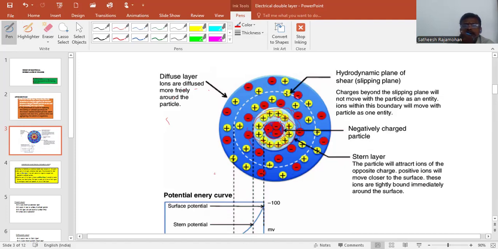On this colloidal surface, the positively charged ions bind firmly with the negatively charged colloidal surface. So these ions are tightly bound immediately around the surface. Up to this you can understand, I think. There are two layers: one is the rigid layer or Stern layer, and another is the diffused layer. In the diffused layer, ions move freely around the particle. Let us move to the next slide.